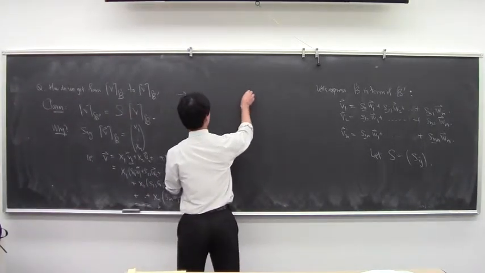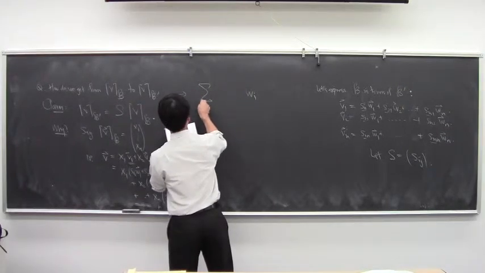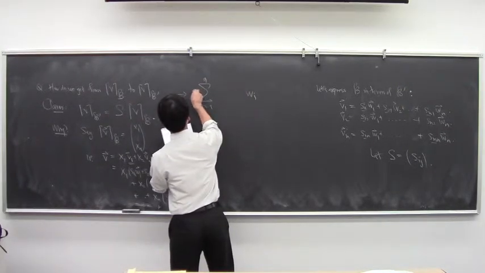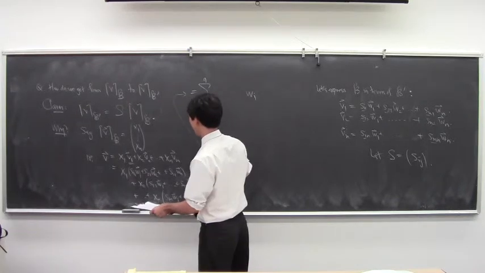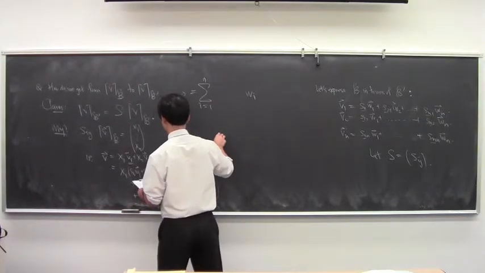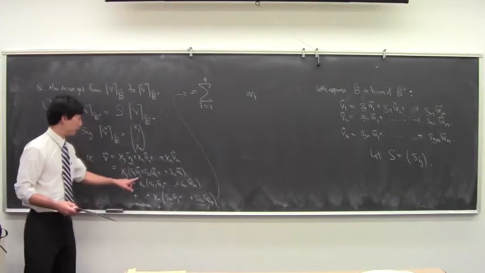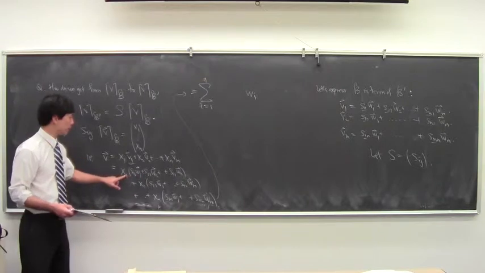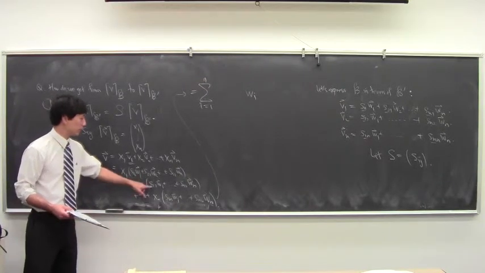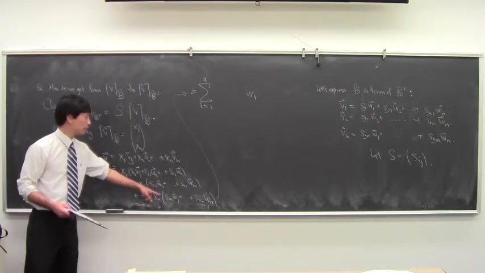This is some sum of W_i's. For W1, we get x1 s11, x2 s12, and so on, up to xn s1n.